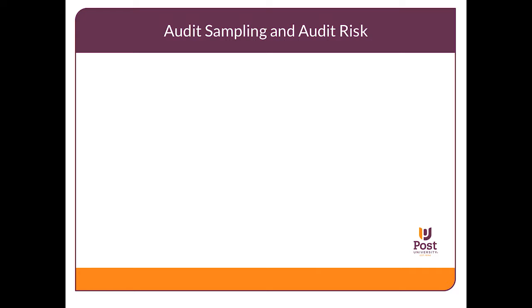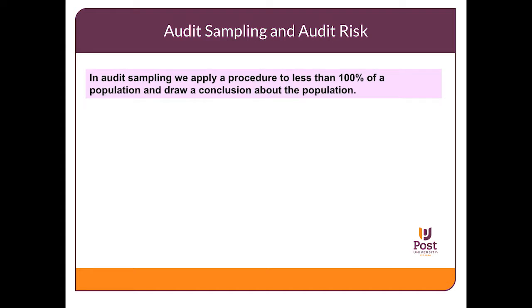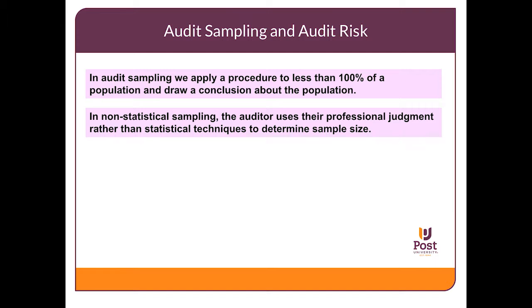In audit sampling, statistical or non-statistical, we apply a procedure to less than 100% of a population and draw a conclusion about the population. In non-statistical sampling, the auditor uses their professional judgment rather than statistical techniques to determine sample size.